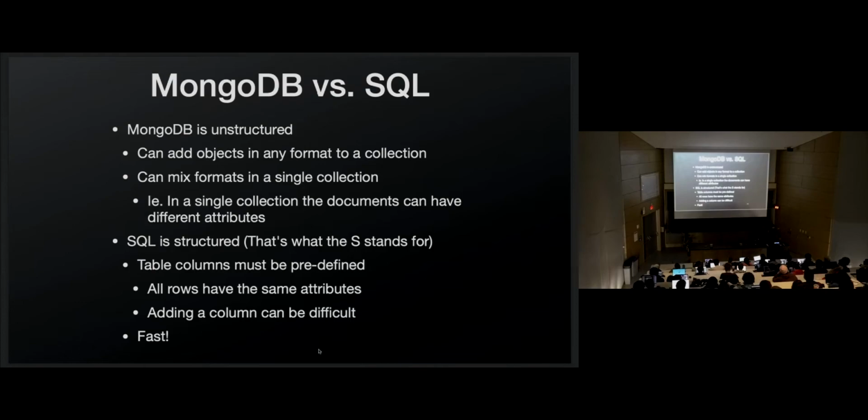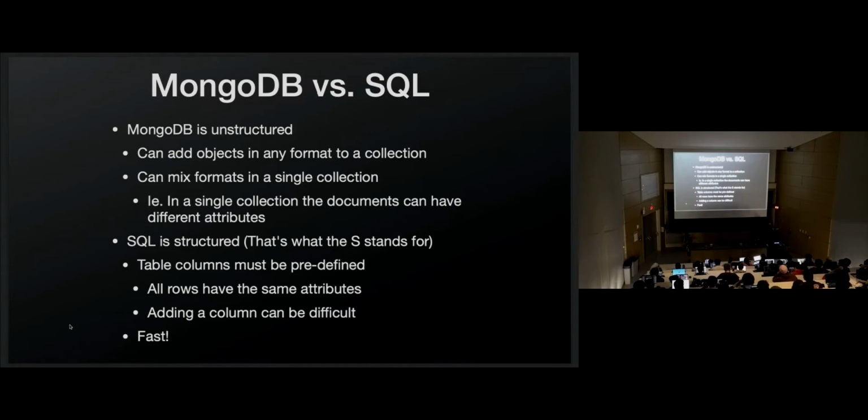SQL is structured query language, very structured, tables, columns, rows, very hard to modify a SQL database. If you want to add a column to a table, very hard to do. You have to get into SQL migration. I shouldn't say very hard. It's not that hard if you're out there doing this stuff.